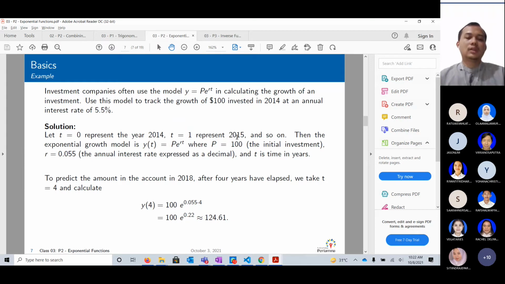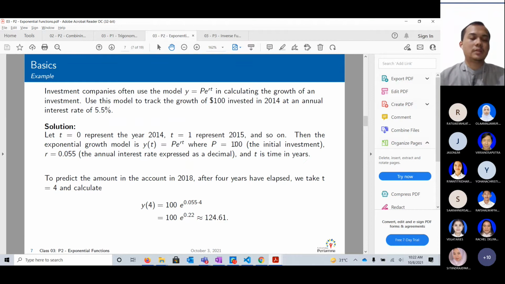So what do we do if we want to predict the amount of our investment in 2018? First we put in all the values. The first investment is $100, meaning that P equals 100.